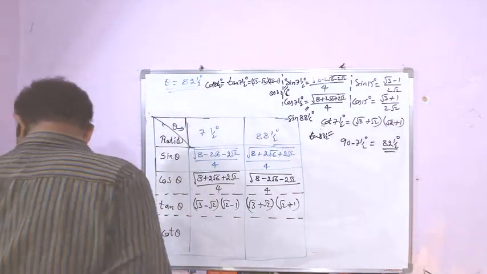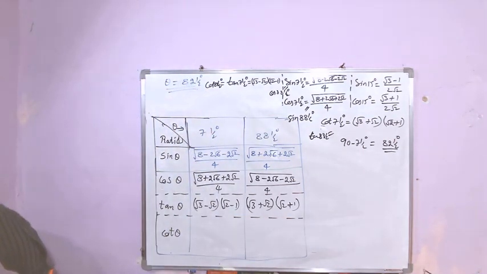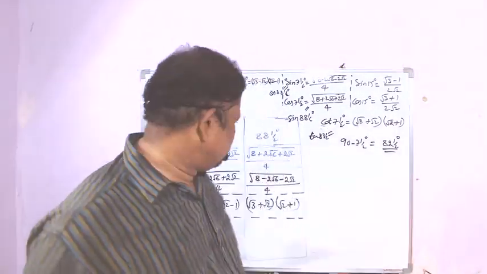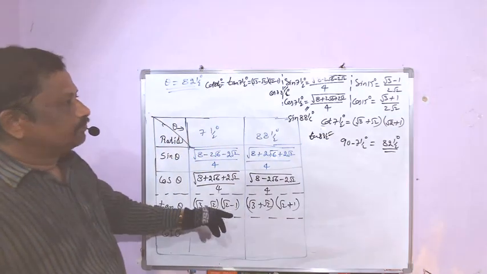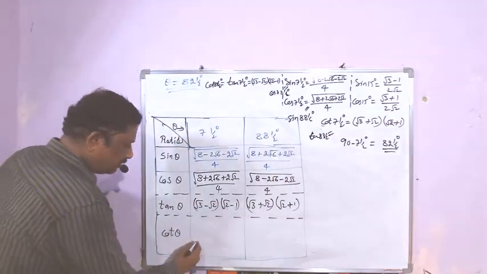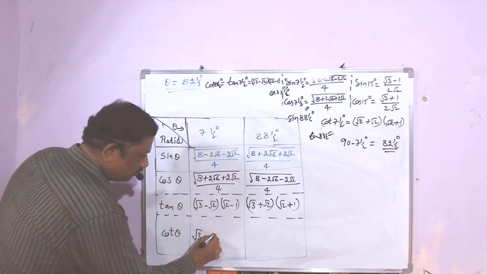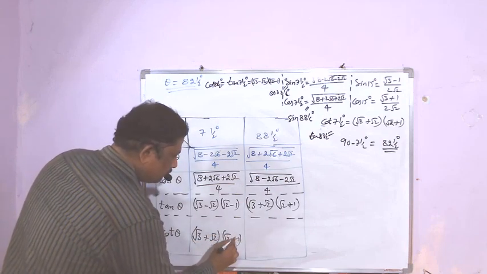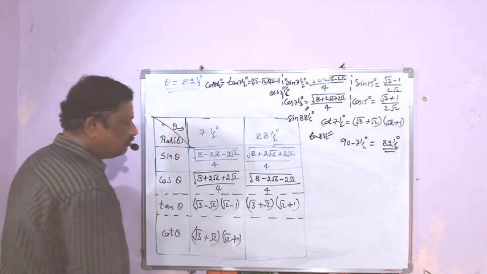7.5 degrees. Cot 7.5 degrees, what is that one? Same thing you will get: root 3 plus root 2 into root 2 plus 1. Okay.